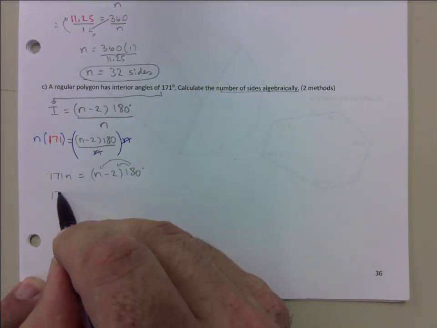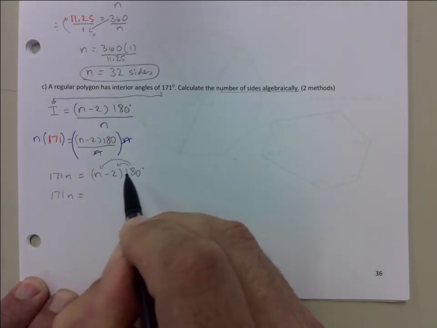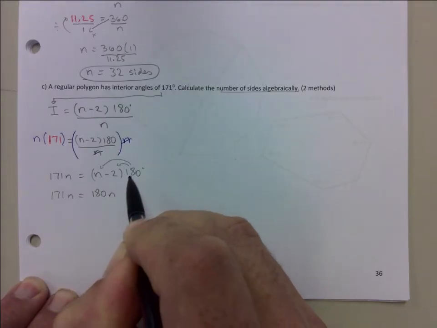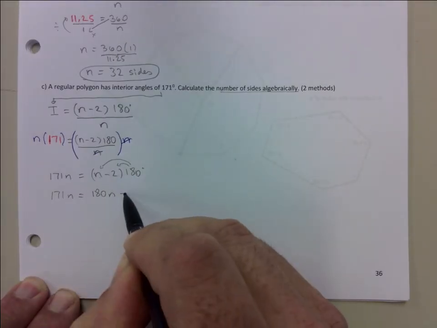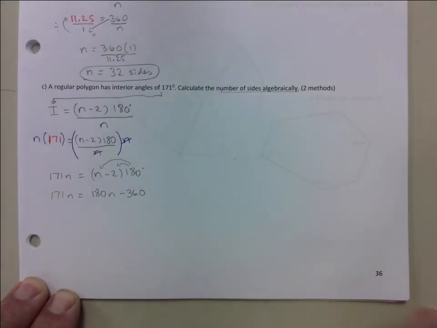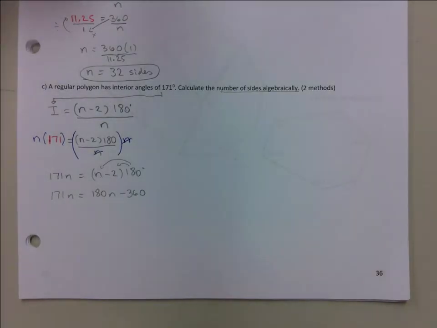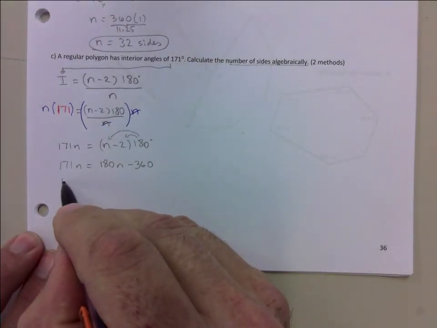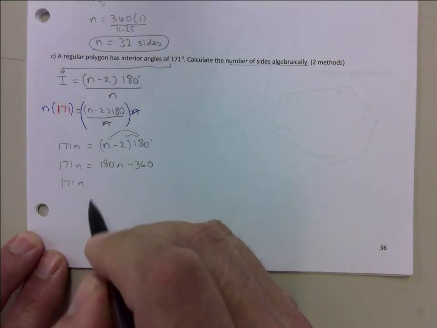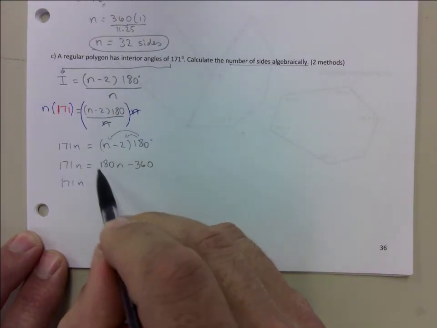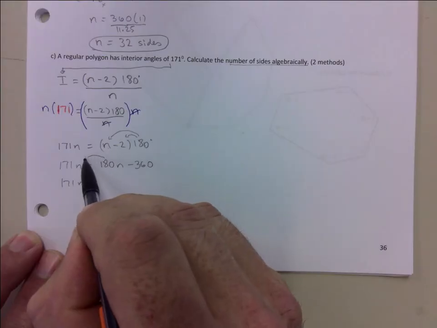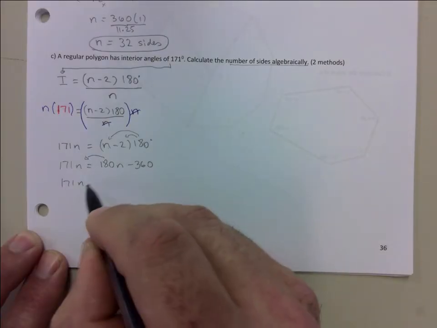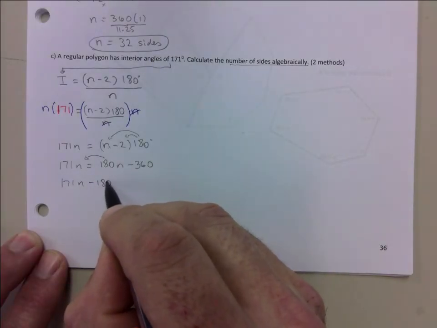So that's 171n. 180 times n is 180n. 180 times negative 2 is negative 360. And so it's 171n. I'm going to bring the n over. Remember when we have n's or x's on both sides, we want to bring one of them over.